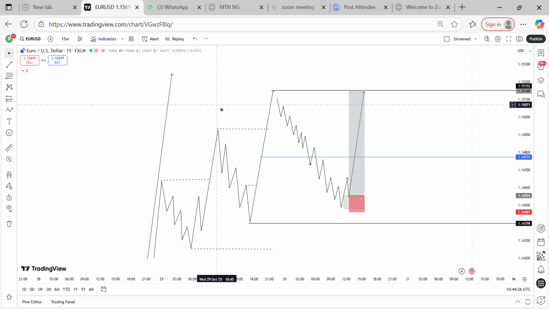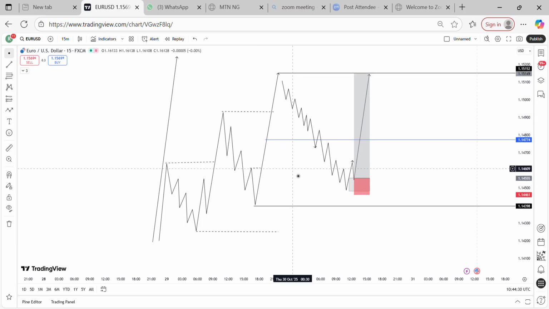Now how we join the market is, first of all, you mark your current low and your current high, which is this low and this high. Let's assume we don't have this part, but understand it like that.